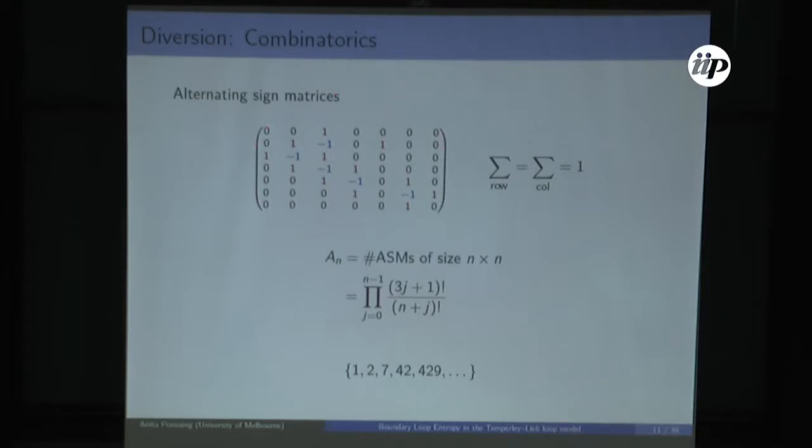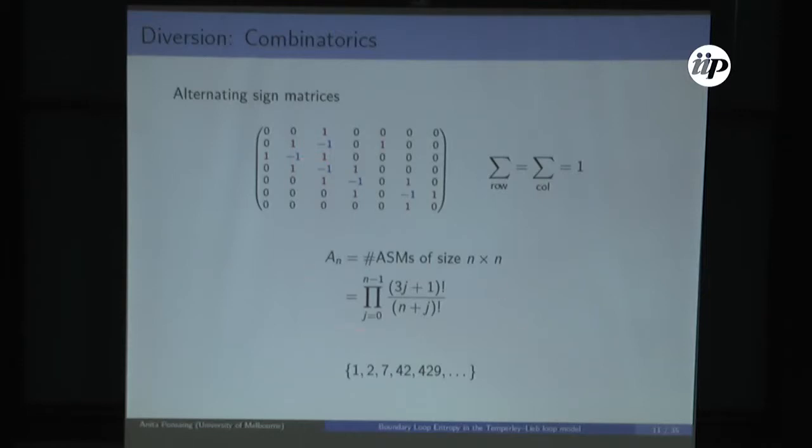The first thing, the most important object in this study, is the alternating sign matrices. So in case some of you haven't seen this before, an alternating sign matrix is a matrix made up of zeros, ones, and negative ones, where the ones and the negative ones alternate along each row and each column, and the rows and columns must each sum to 1, which also means that they have to start and end on 1.